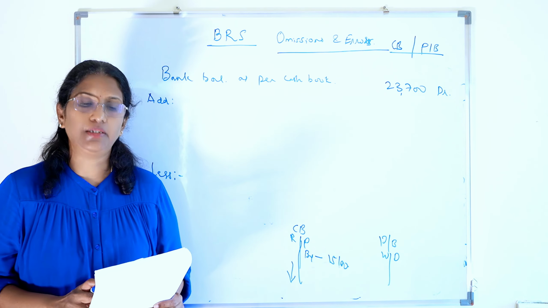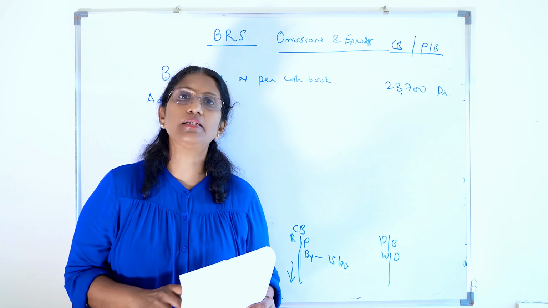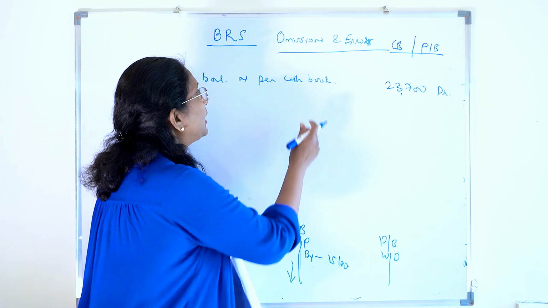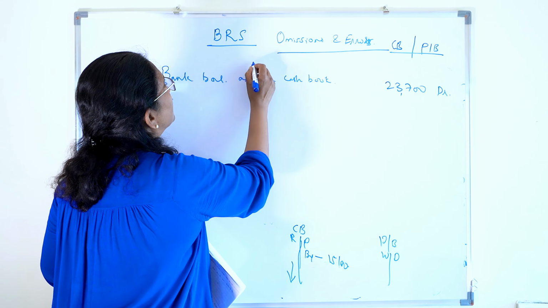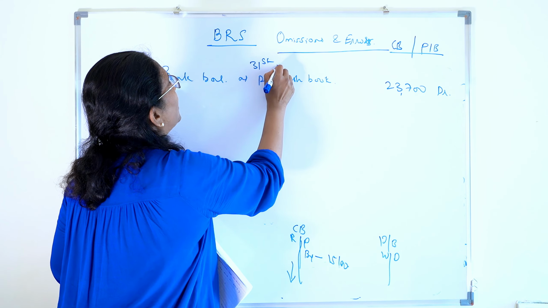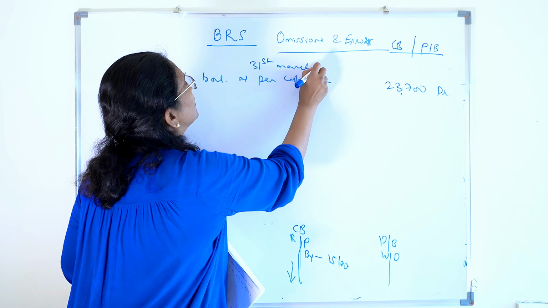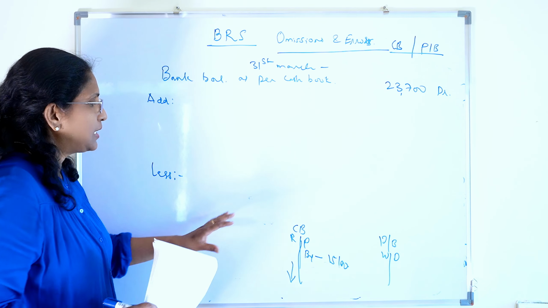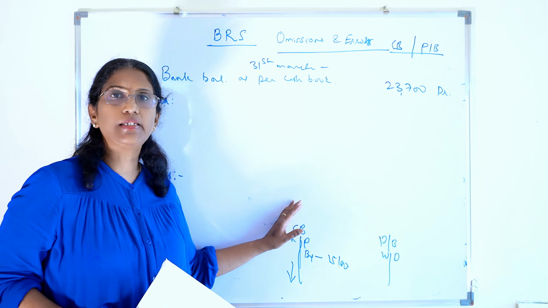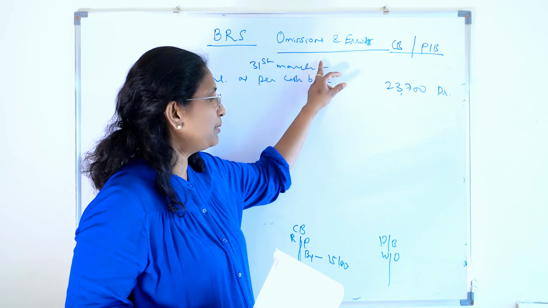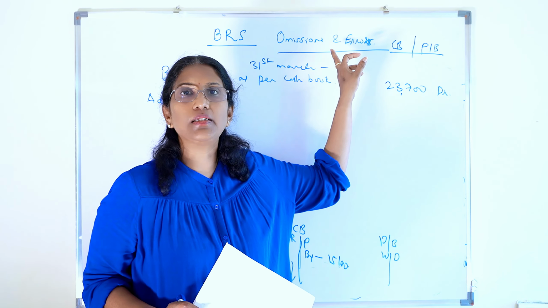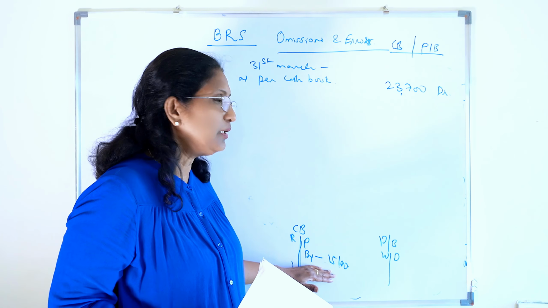But it is not yet presented for payment. That means there is a gap in the dates. Suppose I am preparing this cash book on 31st March, and these transactions happened around the 27th and the cheque is not yet presented. So on 31st March I am preparing this bank reconciliation statement, starting from here.